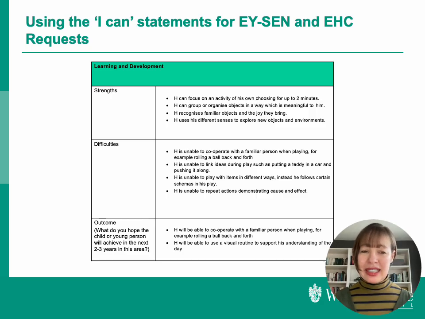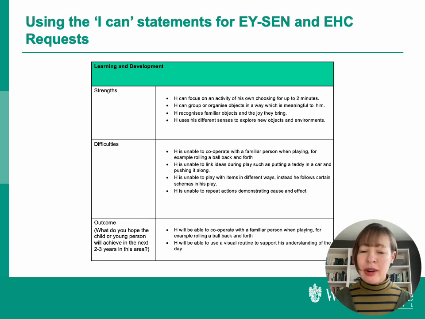So for this hypothetical child, we've had a look at where this little one is scoring at emerging or supported. Generally speaking, I won't have very much in the way of independent scoring for a child who's going for an EHC, particularly in their area of greatest need.